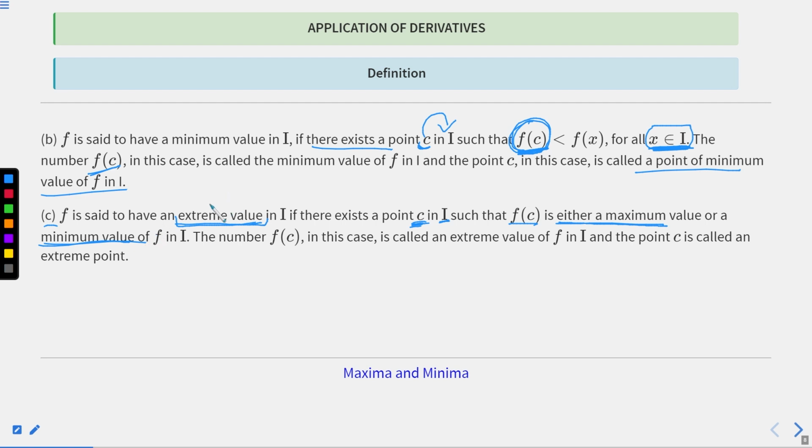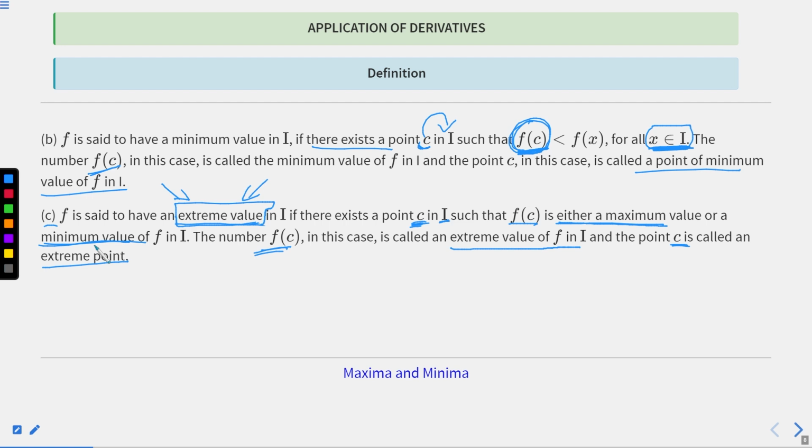It is not clear at this stage which one we are talking about. If someone just refers to this term, they can be talking about the minimum value or the maximum value. So the number f of C, in this case, we will call an extreme value of f in I, and C will be an extreme point. Okay, clear?